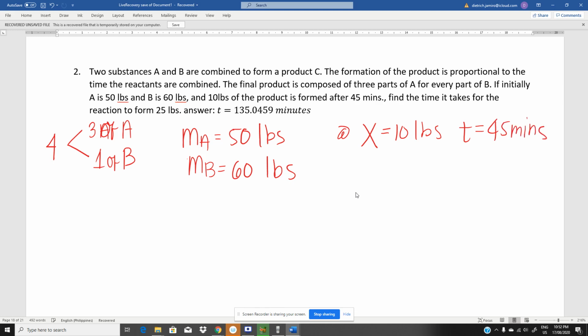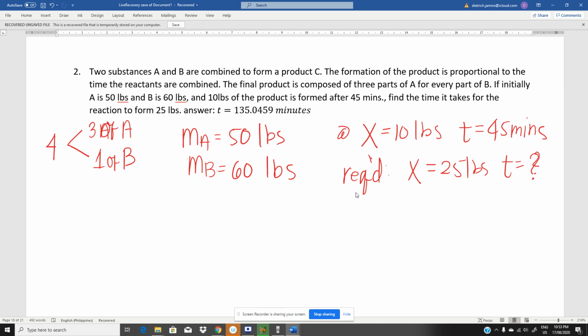Then find the time it takes for the reaction to form 25 pounds. So we are required to solve for x equals 25 pounds, and we are looking for time.